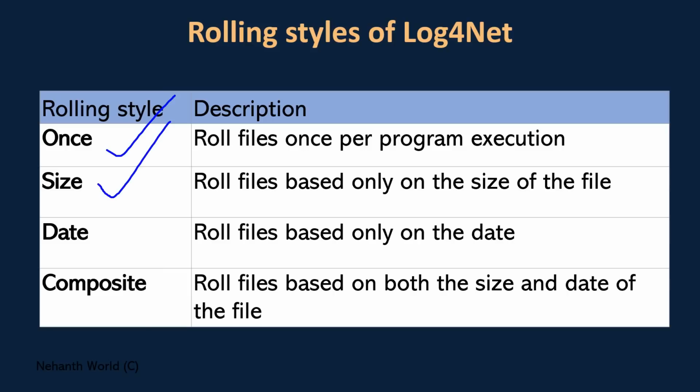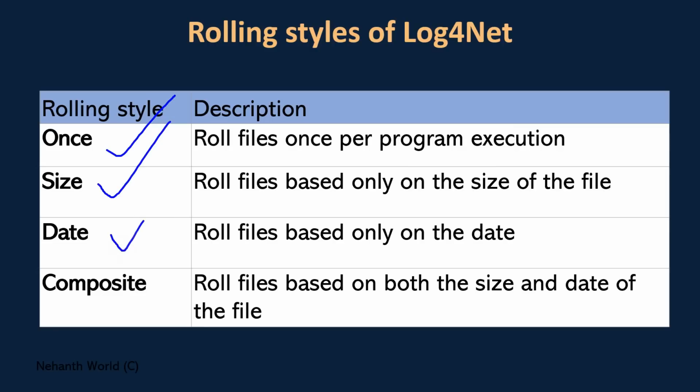Irrespective of the program execution, when you stop, execute, or restart, it will not replace the existing log file unless it is meeting the configured size. Once the file reaches the configured size, then it replaces the same file. The default size of a file in Log4Net is 10 MB.